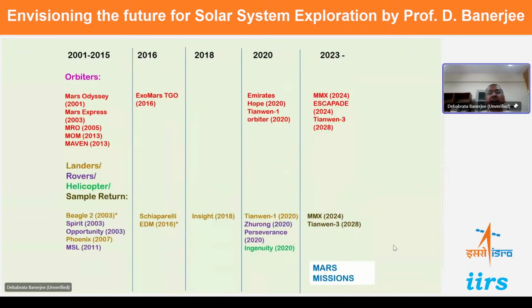And Mars, of course, it is more difficult. So the Mars missions have a longer lead up time, and they take longer. But there is also interest in Mars, particularly the question of habitable environments.